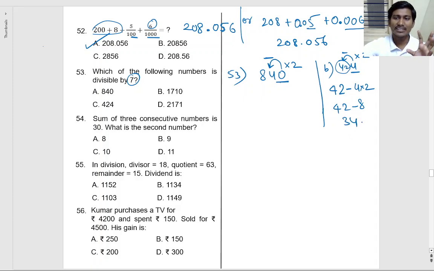It should be in the table of 7, or divisible by 7. But 7 fives are 35, not 34, so 34 is not divisible. So B is not the answer.